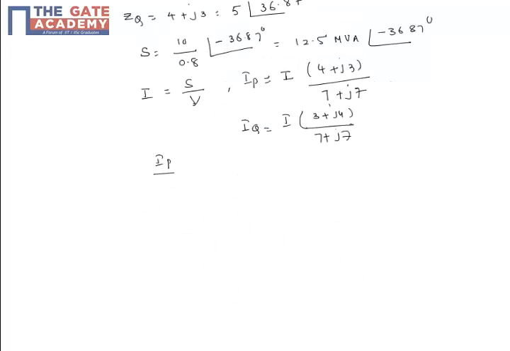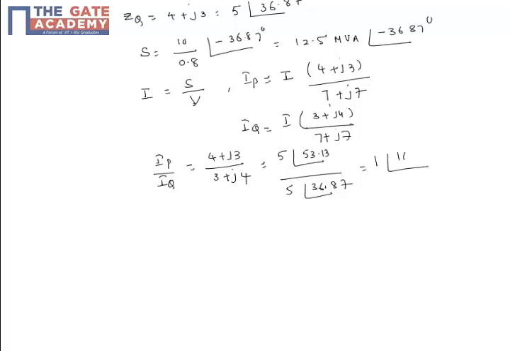So IP by IQ is equal to (4 plus j3) by (3 plus j4). This is nothing but 5 at an angle of 53.13 by 5 at an angle of 36.87. So this is equal to 1 at an angle of 16.26. That means IP is leading by an angle of 16.26 with respect to IQ.